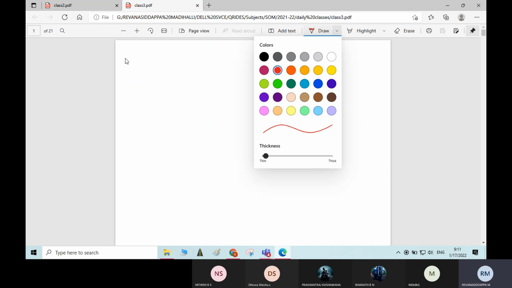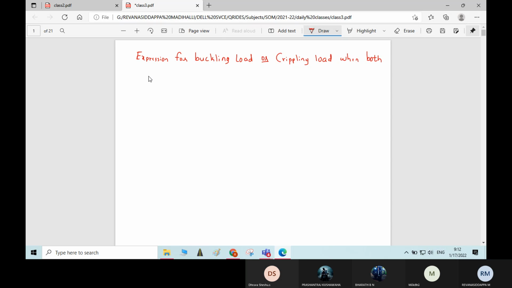Third one, expression for buckling load or crippling load when both ends of the column are fixed.